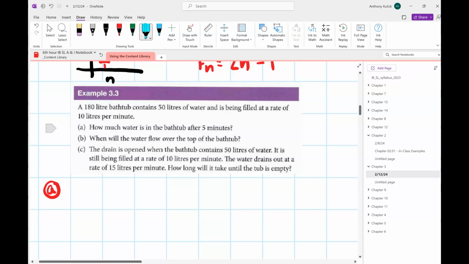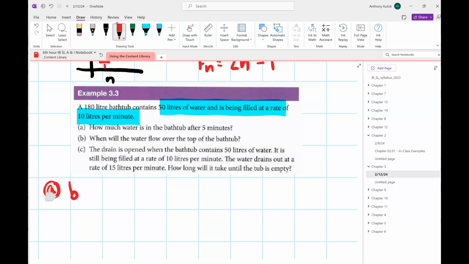Well, let's take this and try to write that as an explicit formula. I'm going to say B sub n is going to be the water in my bathtub. So we start with 50, right? Everybody agree with that?